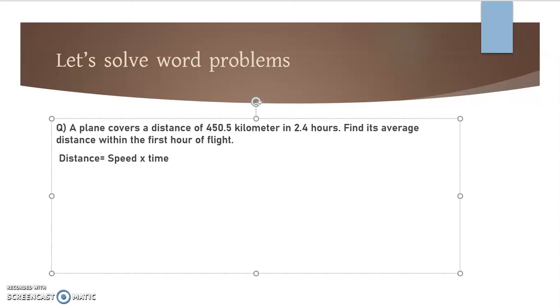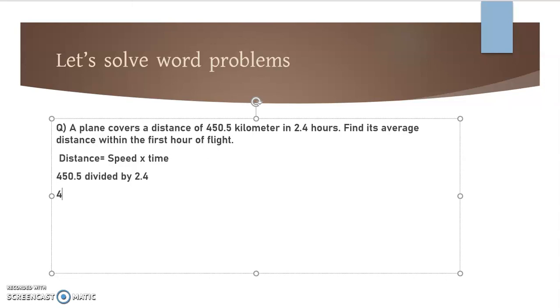We have to find the distance. Simply here we have to divide 450.5 divided by 2.4. Simple. That's it. Because we'll get the average distance within the first hour.